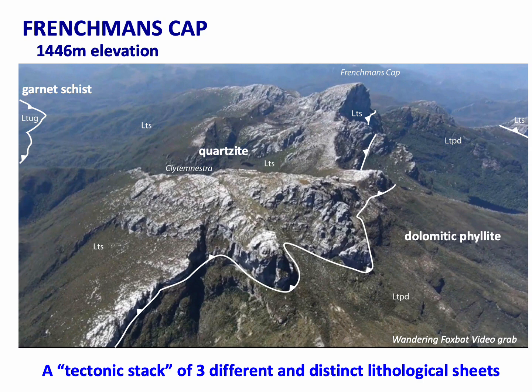It also shows the region is essentially a tectonic stack of 3 different lithological units, including garnet schist on the top, on the west, overlying quartzite, the central part, overlying dolomitic phyllite on the right.